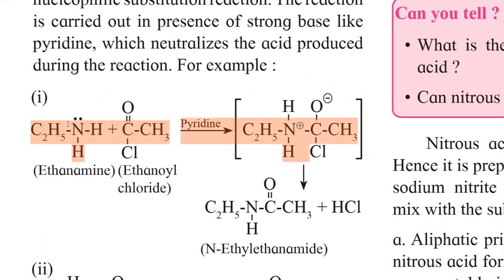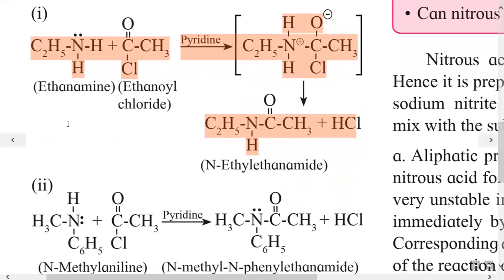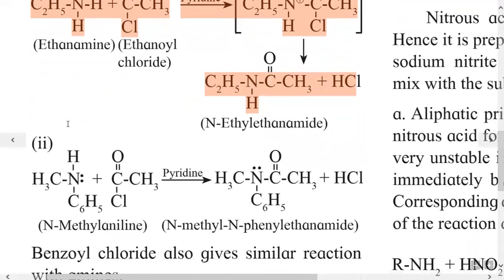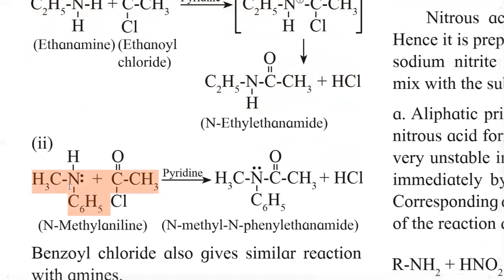Then formation of this C2H5NH2CO, minus CH3Cl. This intermediate is formed, which loses HCl and forms N-ethyl ethanamide. Here is an example of a secondary amine, containing CH3 and C6H5 groups, it is N-methyl aniline.